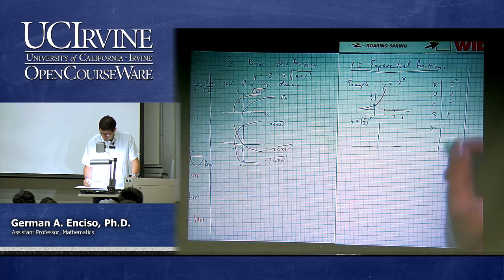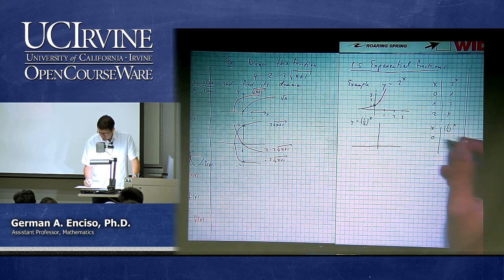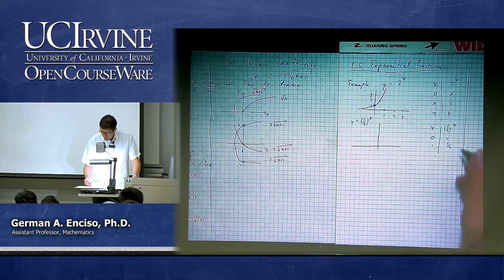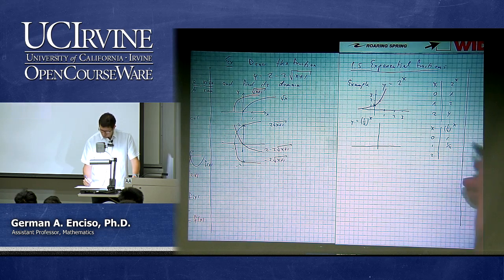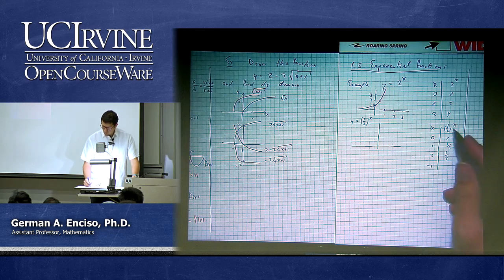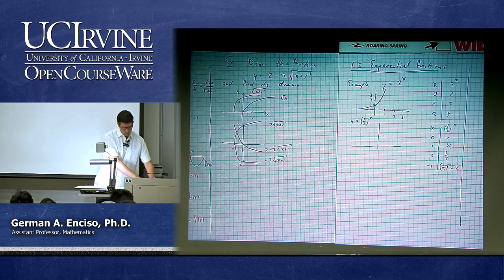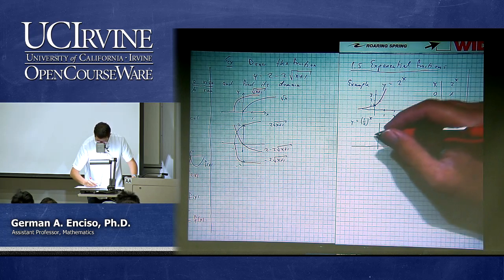So x, 1/2 to the x. 0 goes to 1, 1 goes to 1/2, 2 goes to 1/2 squared, which is 1/4, and minus 1 goes to 1/2 to the minus 1, which is 2. So it looks like this.